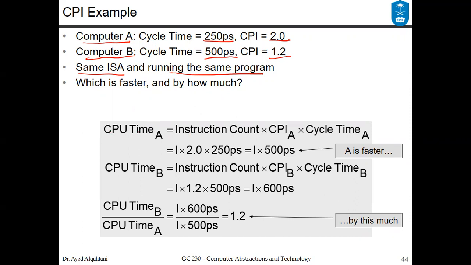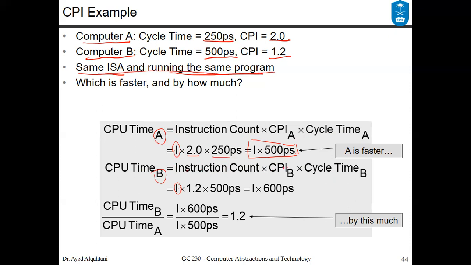You will get the CPU time, which is the execution time for A, and then the execution time for B, which is also the CPU time. We get the instruction count, and we will call it I, since it was not given. The CPI is 2 for computer A, and the cycle time is 250 picoseconds. You will get I times 500 picoseconds for A. You do the same for B. Here we call the instruction count I for both A and B because they are the same.